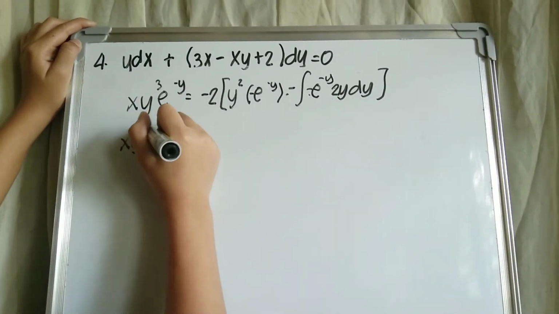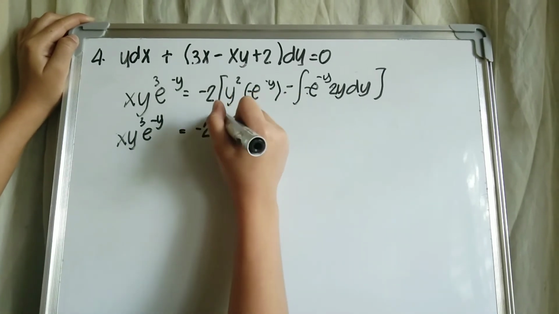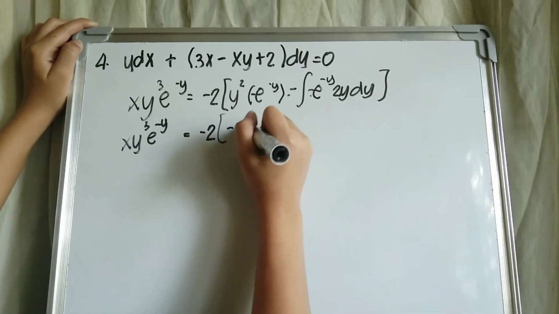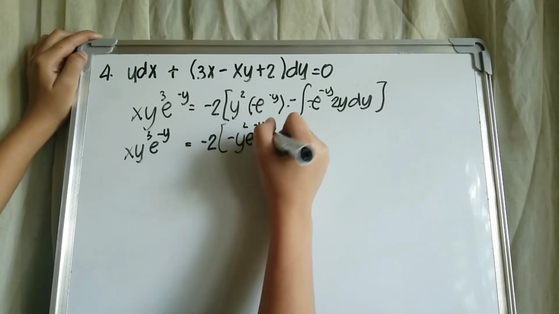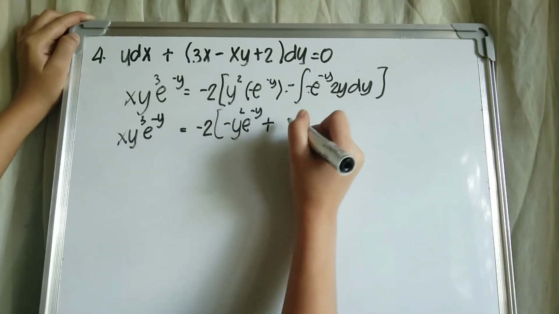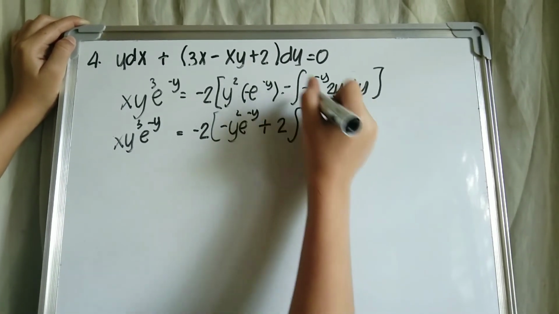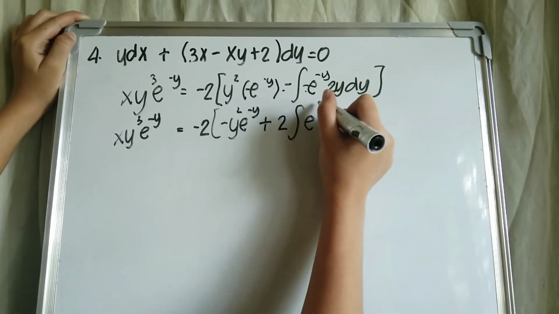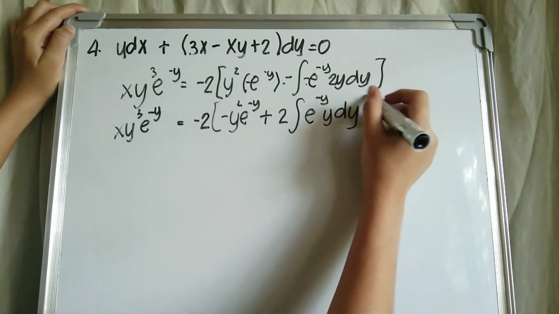Copy x y cubed times e raised to the power of negative y is equal to negative 2 times negative y squared e raised to the power of negative y plus, so we will put 2 outside the integral sign since this is constant, times the integral of e raised to the power of negative y times y dy.